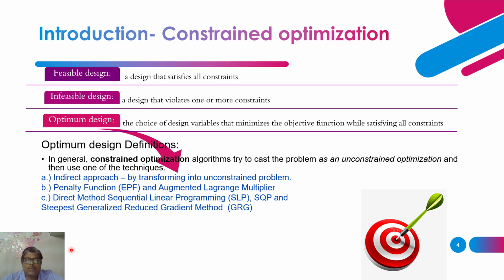Keep in mind that optimum design, with respect to constraint optimization, is nothing but converting the constraint optimization into unconstrained optimization by using any one of these three methods: the indirect approach, penalty function or augmented Lagrangian multiplier, or finally the direct method. Fine.